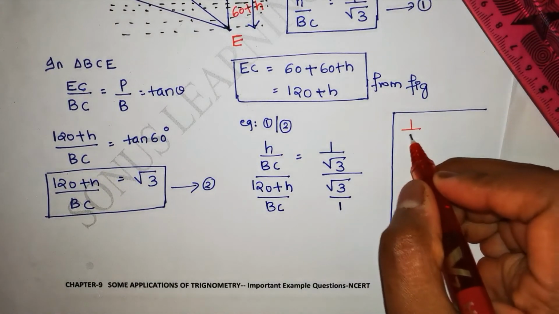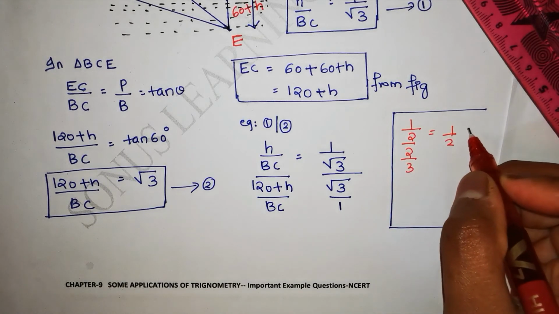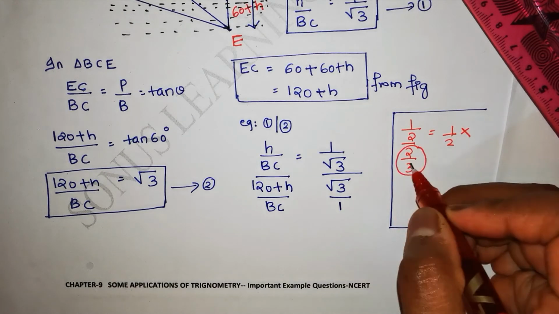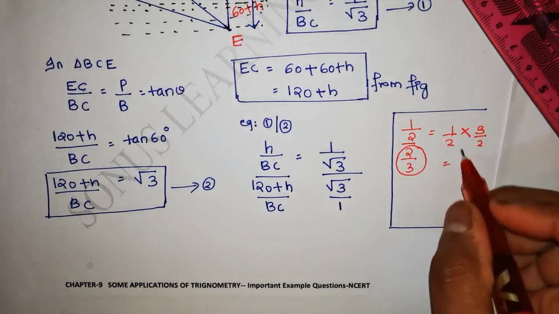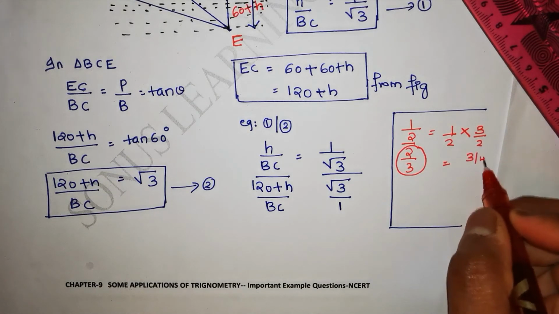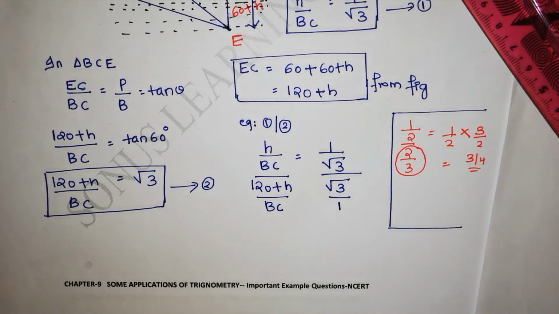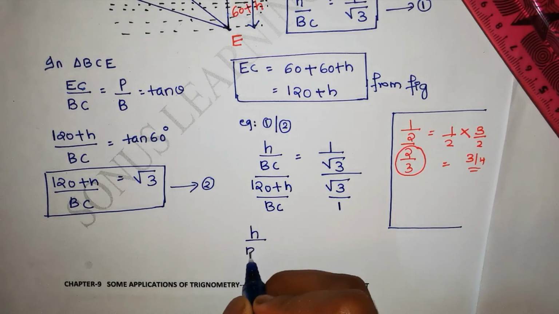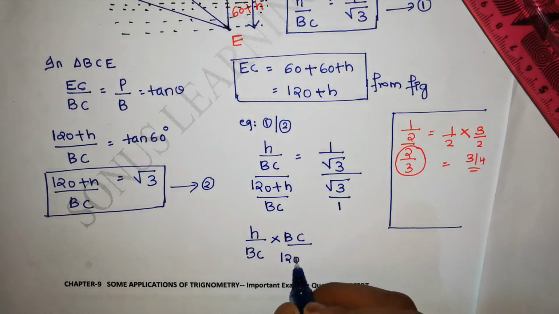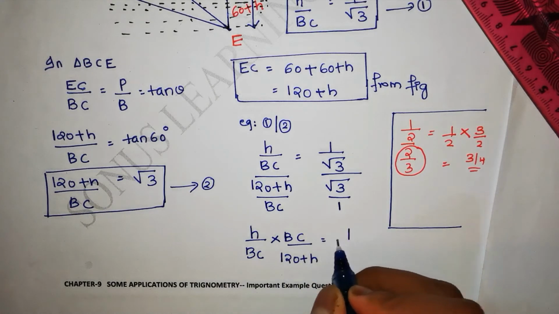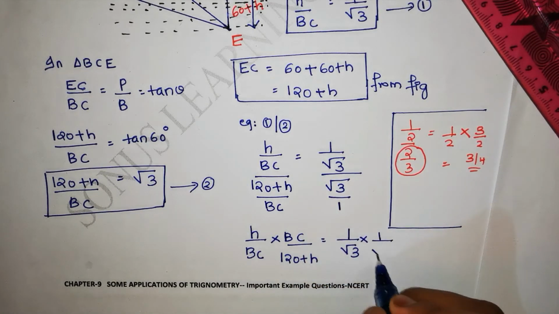What is 1 by 2 by 2 by 3? This is 1 by 2 into, take the reciprocal of this, which is 3 by 2. So our answer is 1 by 2 into 3 by 2, that is 3 by 4. Like that, here also we have to take the reciprocal and multiply. So H by BC into BC by 120 plus H is equal to 1 by root 3 into the reciprocal of root 3 by 1.